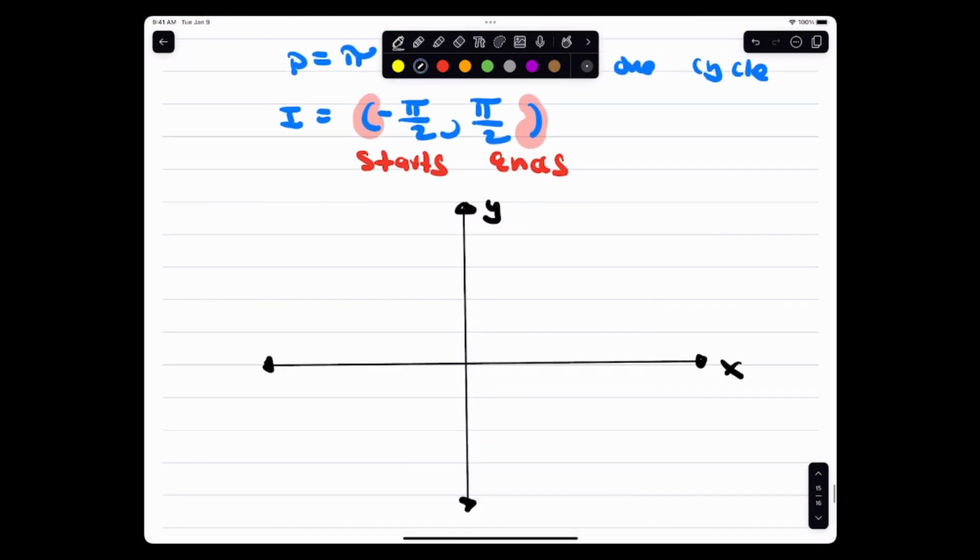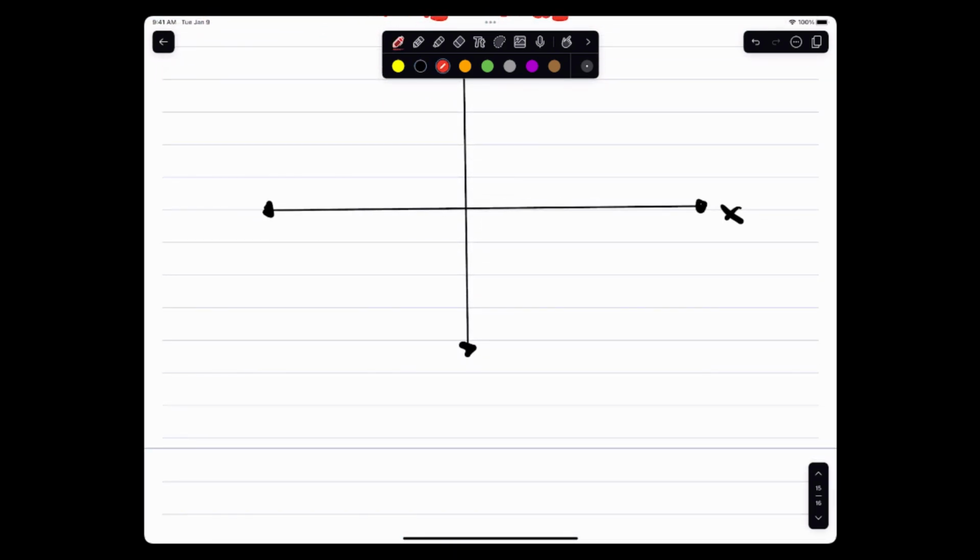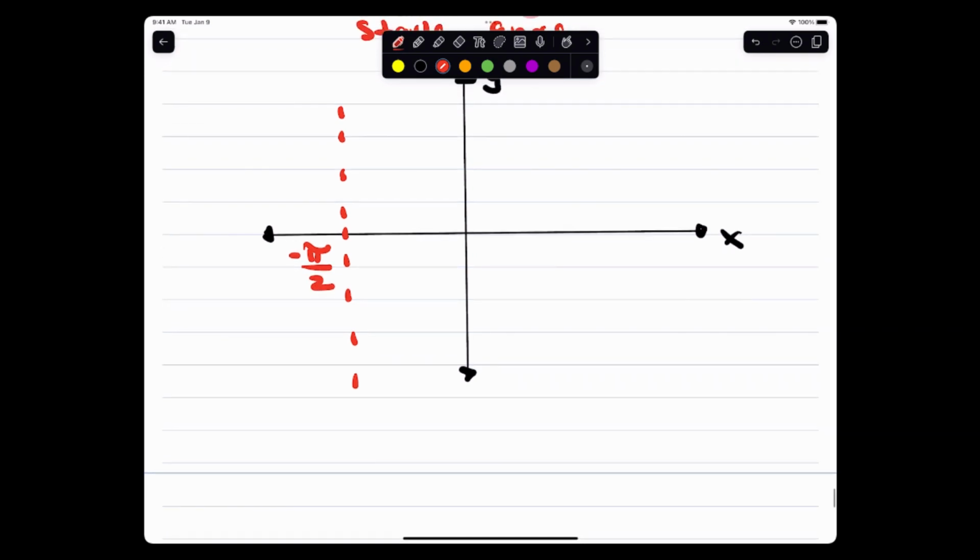So you start at negative pi over 2, and you end at what? Let me do this here. I'm going to draw these special red lines. Happens at negative what? Pi over 2. And then these other lines over here at positive pi over 2.